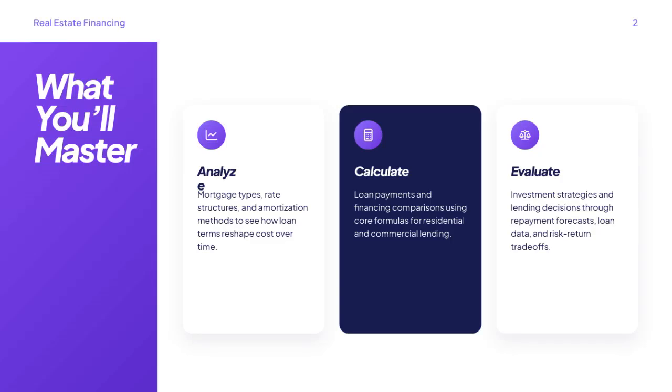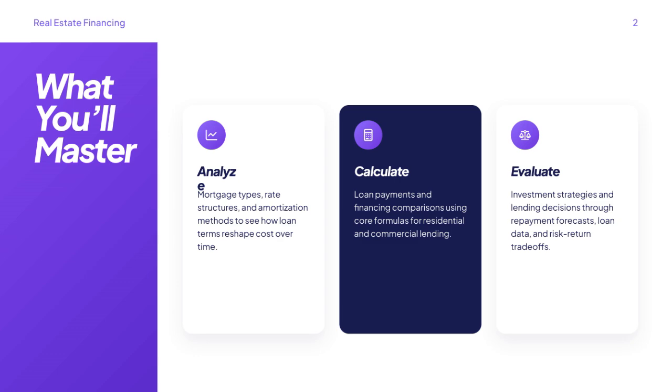On this slide, I'll walk you through the key skills you'll master throughout our discussion on real estate financing. First, you'll learn how to analyze different mortgage types, rate structures, and amortization methods. This will help you understand how various loan terms can significantly impact the overall cost of borrowing over time.